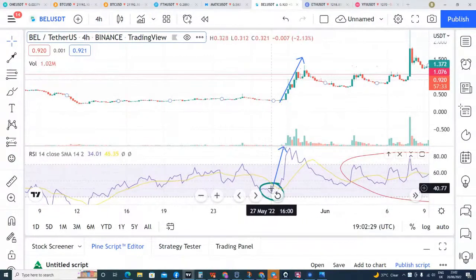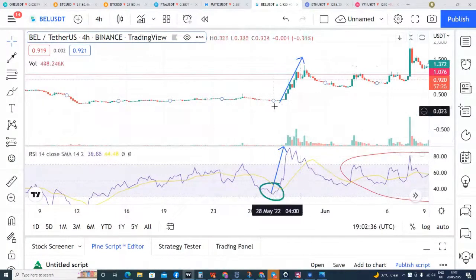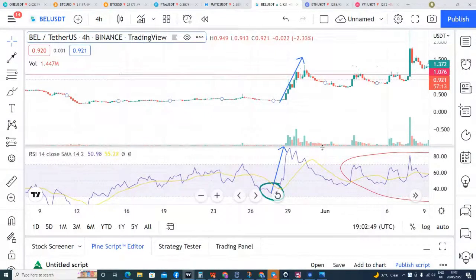Let's assume you are trading with this RSI and you spot that RSI has gone below this, and you buy the coin when the price was 0.3. What helped you to buy at this price is that you saw that RSI has gone below 30 or has been around the 30 level.